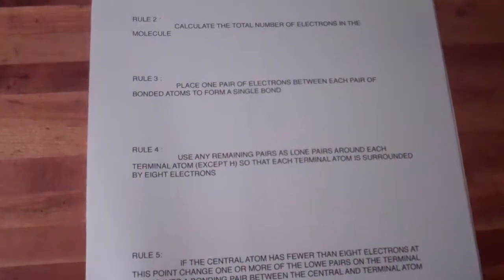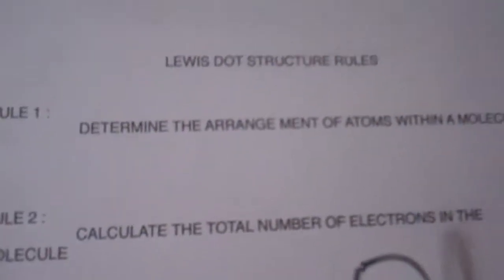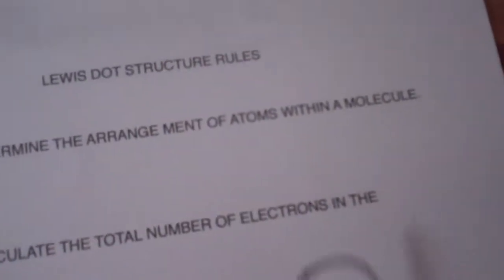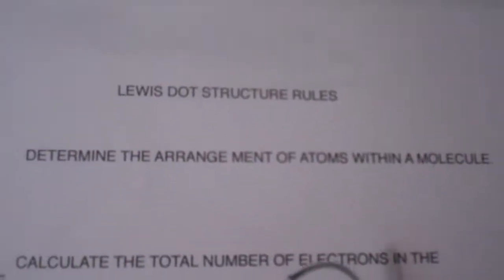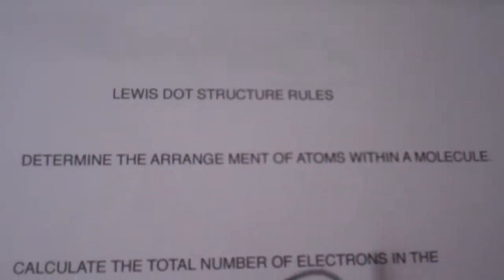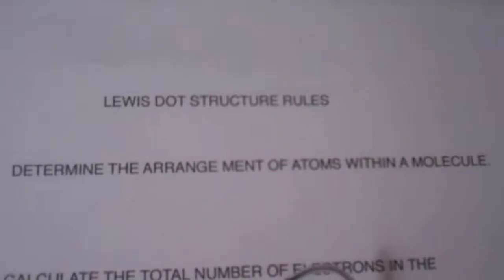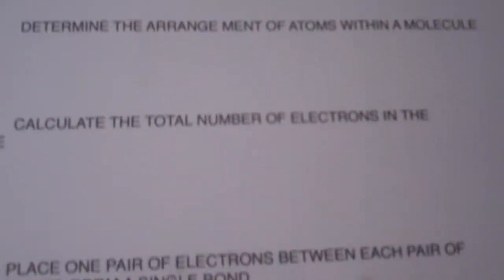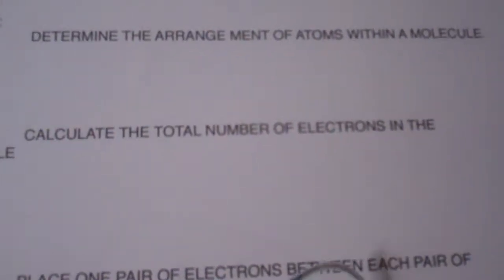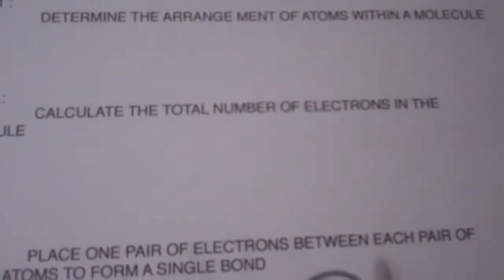So the first thing we're going to go over are the Lewis dot structures rules, and then we'll incorporate them into a problem. So the first rule is determine the arrangement of atoms within a molecule. The second rule, calculate the total number of electrons in the molecule.